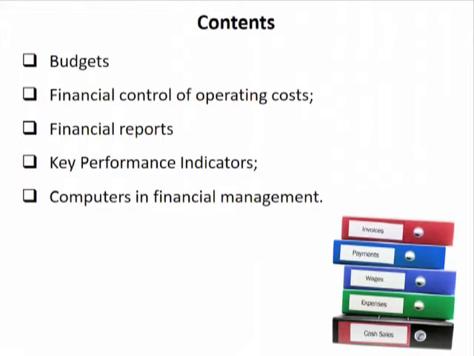Firstly, a budget. If I have a budget and I use it as something which must be put in a bottom drawer, I shouldn't even draw up a budget. A budget is a tool for management. I use a budget to control my income and expenses.